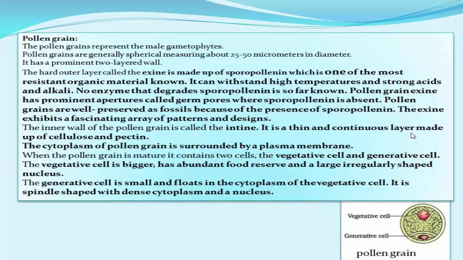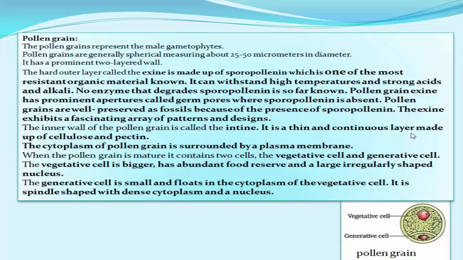In most of the angiosperms, the pollen grains are released from the anther in the two-celled condition. What is this two-celled condition? The pollen grain containing one vegetative cell and one generative cell, if it is liberated with one vegetative and one generative cell, it is called the two-celled stage.